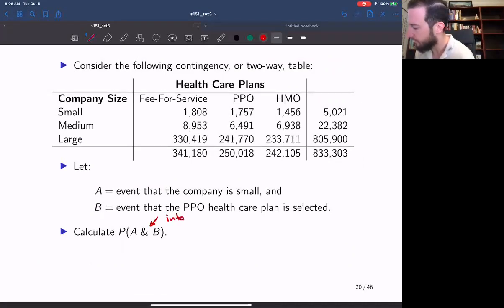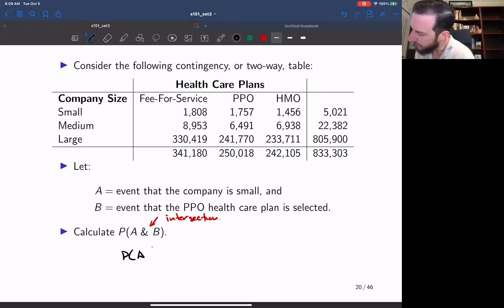This means intersection. The intersection and the joint are the same thing. So really all we're asking here is, what is the probability that I observe a small company that's subscribed to the PPO healthcare plan? We can compute this in the same way we did the marginal.